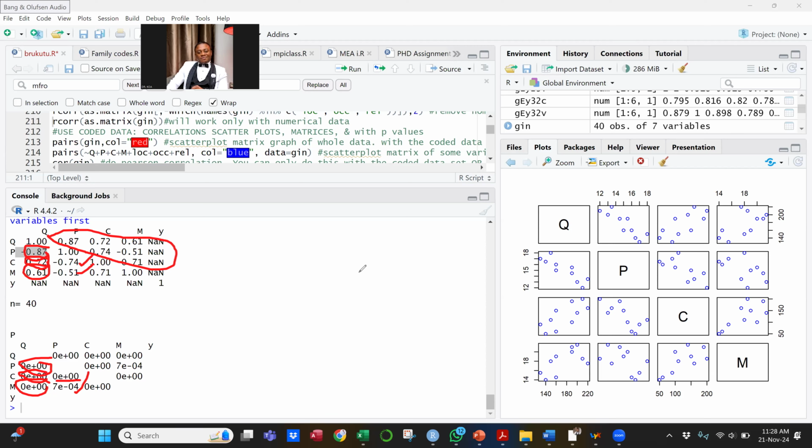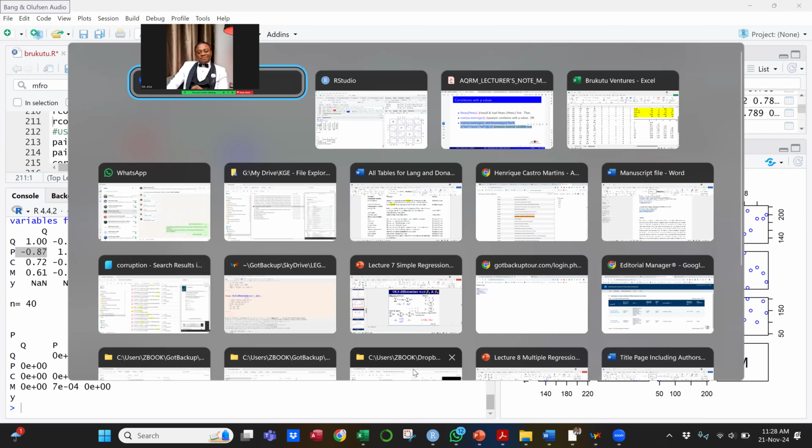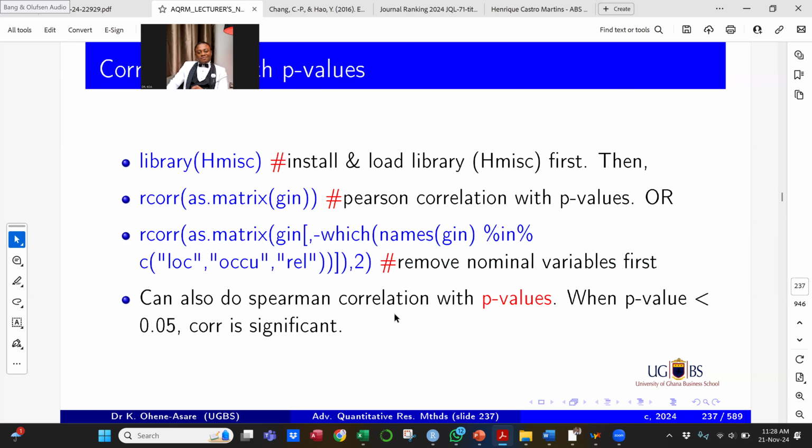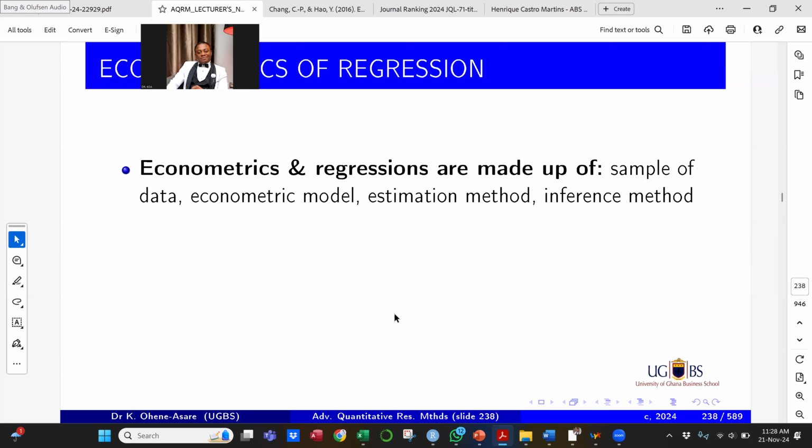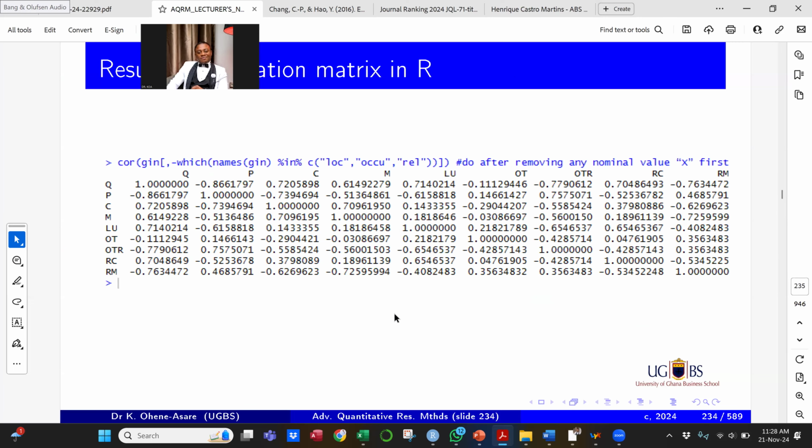So that is where we will end this one, but you should be able to read the correlation coefficient. So I'm going back here in the slides to show you something tiny, how to do the correlation. So look here.